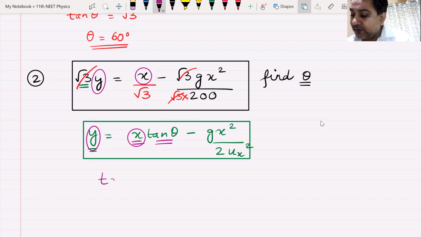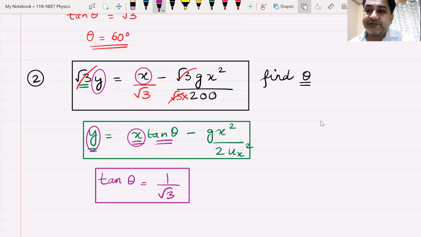So what does that tell me? That my tan theta must be equal to 1 by root 3. Are you getting my point, everyone? If tan theta is 1 by root 3, theta must be 30 degrees.